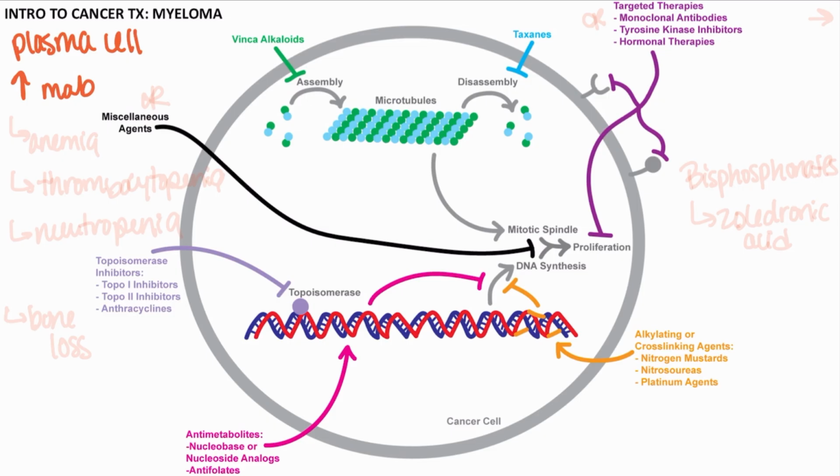Bone marrow occupation by that expanding plasma cell clonal population usually will manifest as anemia, thrombocytopenia, and neutropenia.